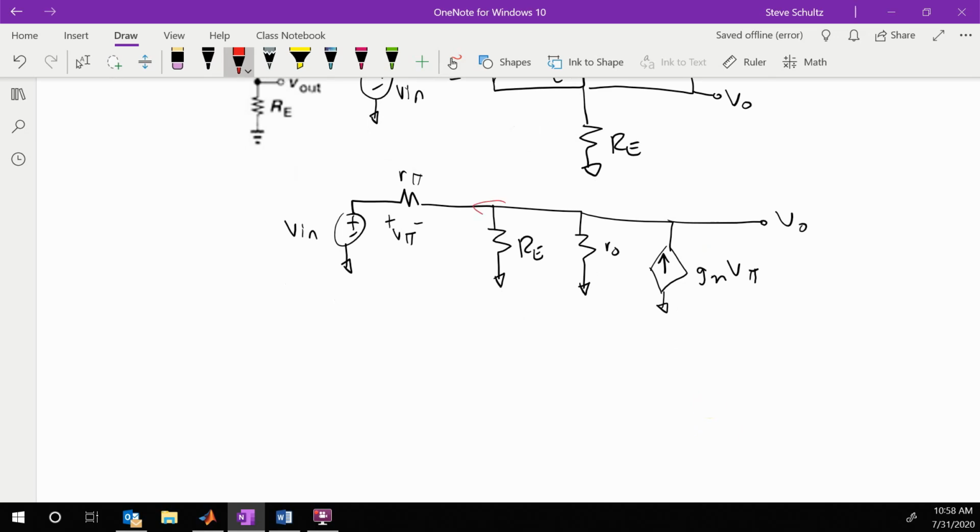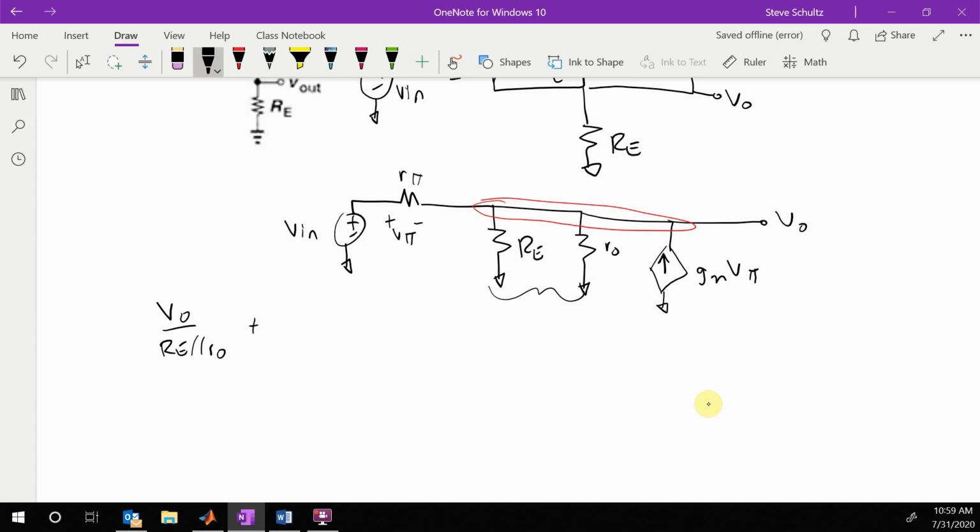Okay. So what we have to do now is we're just trying to calculate what my V out is. So I just do one node voltage right here. And so we have VO over RO. And you can see that these two are in parallel, so we're just going to combine them in parallel just to reduce this a little bit.